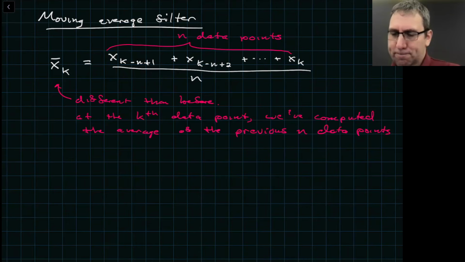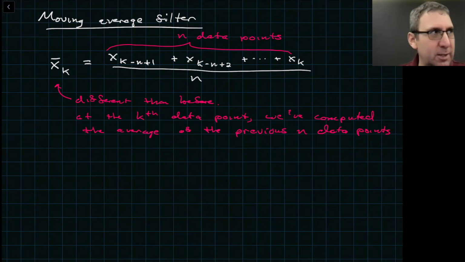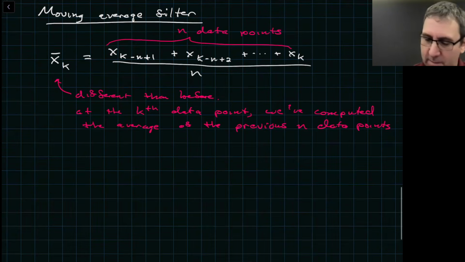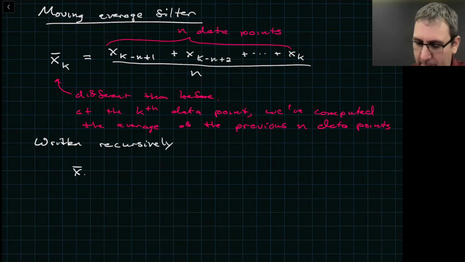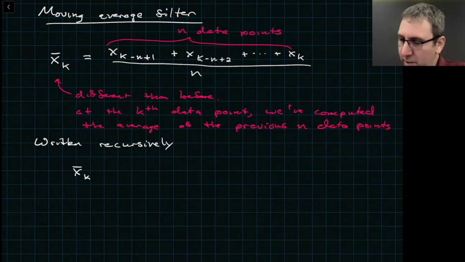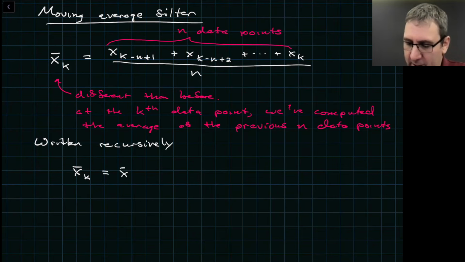Now, we want to write this in a recursive way. I could go through similar steps that I did before to get it, but I'm just going to give you the result. Written recursively, the moving average at the kth data point is the same as the moving average at the previous data point, the k minus 1th data point, plus some new stuff.